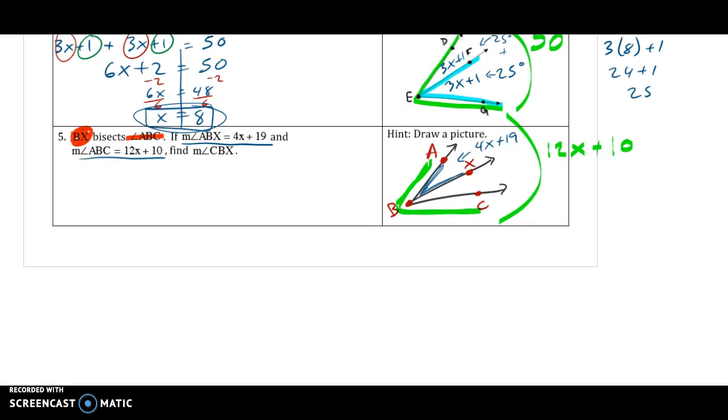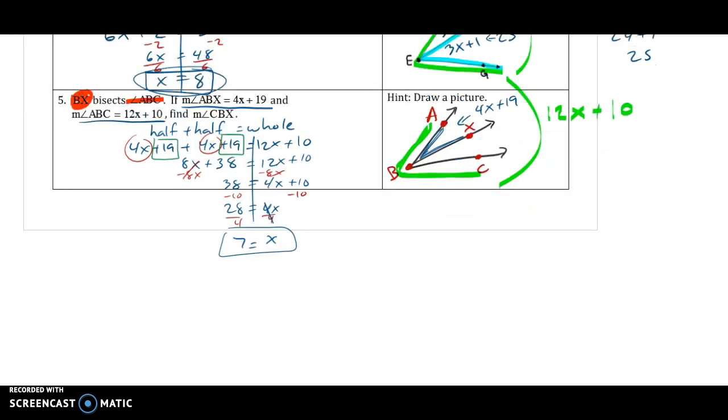So we gotta find x first before plugging it in. Once again, half plus half equals whole. 4x plus 19 plus 4x plus 19 equals 12x plus 10. Go ahead and solve for x. You should get x equals 7.